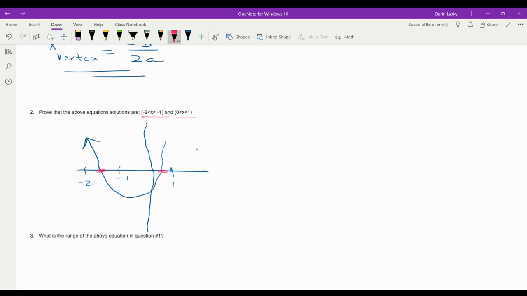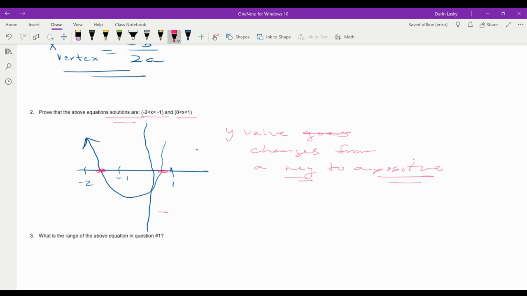And the way you prove if it's a solution is where the x-intercept is. The x-intercept is always where the y value changes from a negative to a positive. So this is where our negative y values are, right?